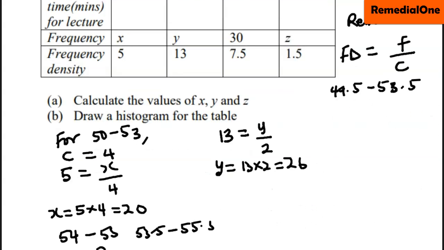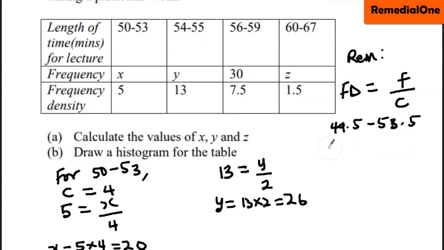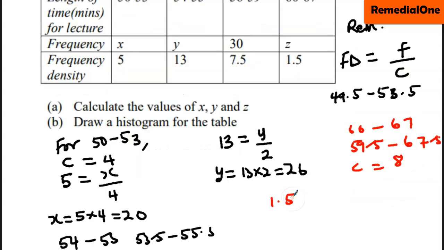Now let's move on to the fourth column. We have 60 to 67. So the class boundary will be 59.5 to 67.5. So the class size, when you find the difference, you're going to get 8.